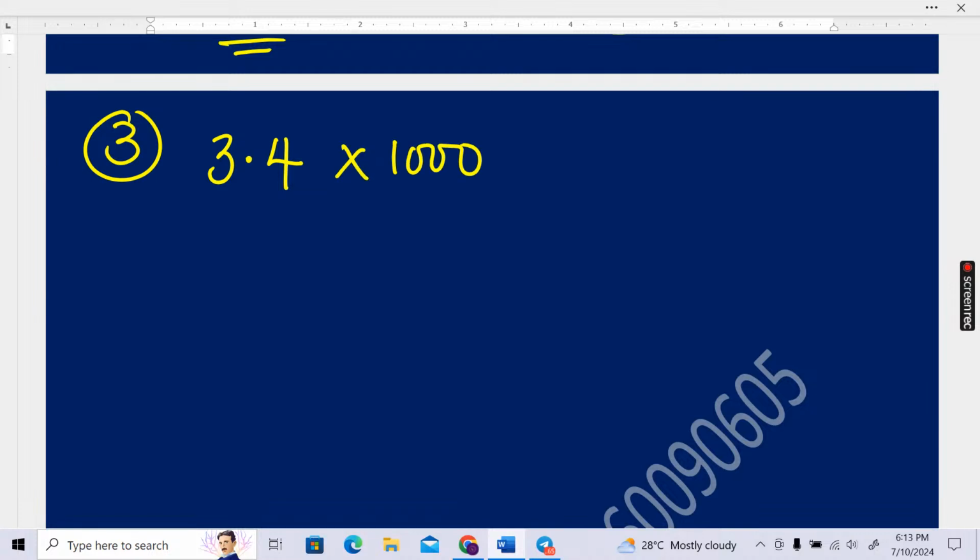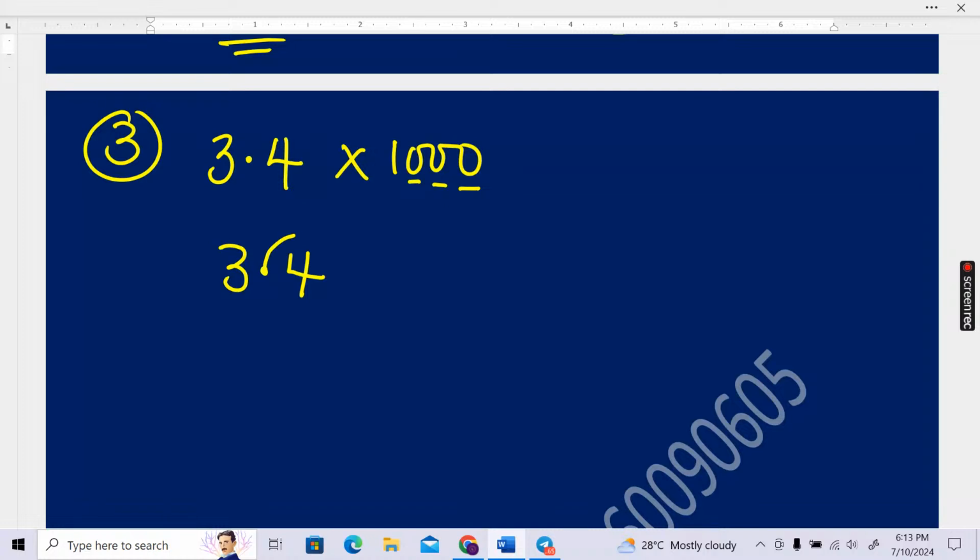So look at this. This is 3.4 times 1,000. So I'm going to rewrite 3.4. Anytime you're multiplying by powers of 10, you move your decimal point to the right. Now, 1,000 has 3 zeros, so I'll be moving my decimal point 3 places to the right.